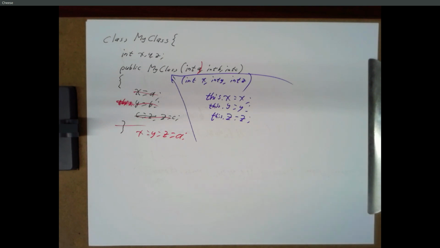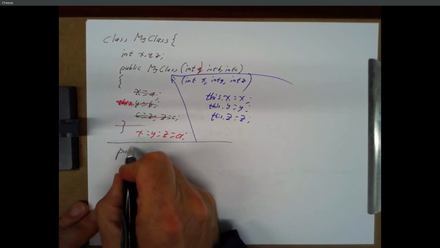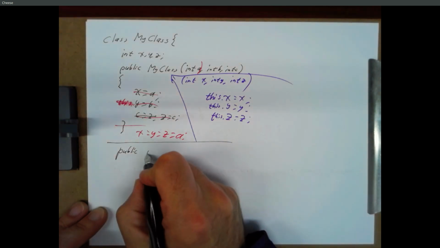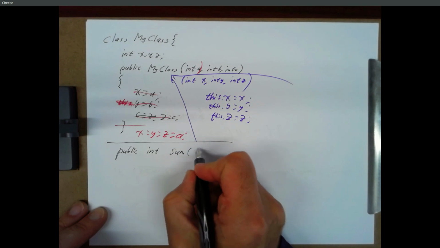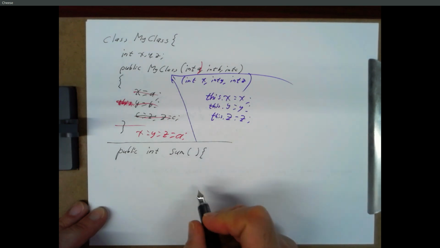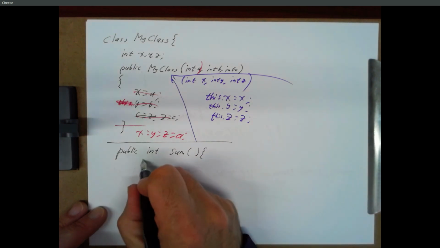All right, so the sum method, you didn't have to say public, but I'll say public. It returns an integer. It's called sum. It takes no arguments. And all you have to do here is return x plus y plus z.